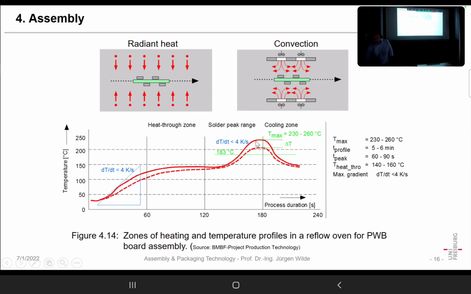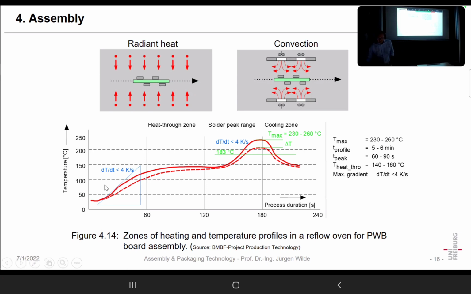And the time we are at soldering temperature is relatively short, typically maybe 20 seconds or so. And after that, we cool down, but not too fast in order to avoid thermal shock to the devices.